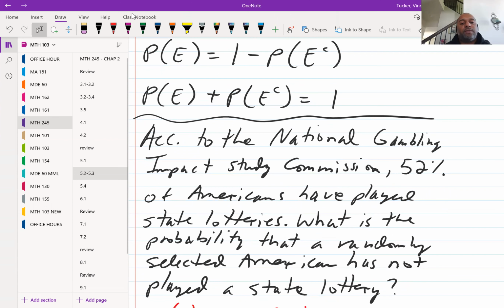So I just wrote ACC for that. According to the National Gambling Impact Study Commission, 52% of Americans have played state lotteries. What is the probability that a randomly selected American has not played a state lottery?